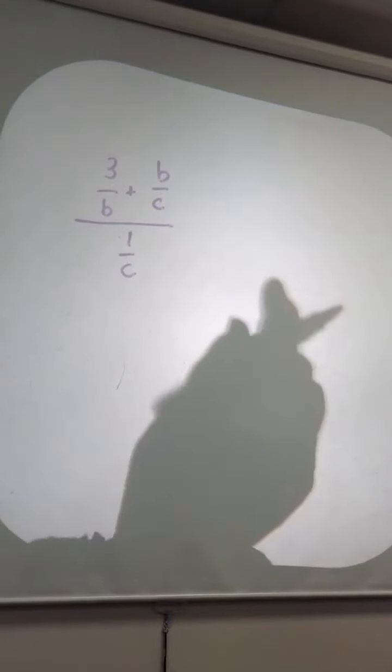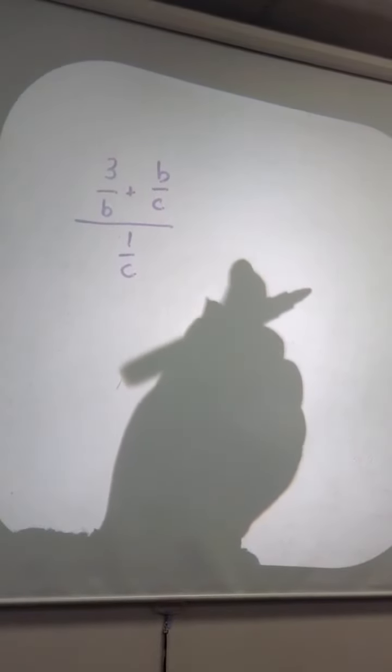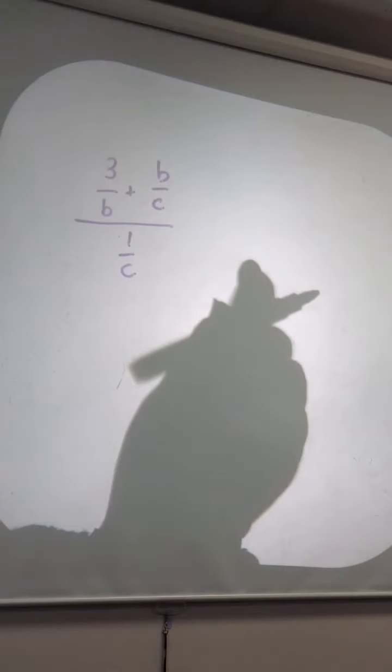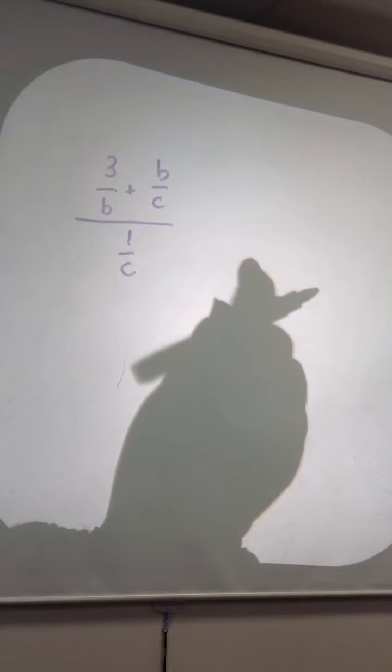All right, guys, this is a complex fraction. And in order to do this complex fraction, the first thing we have to remember is the difference between a factor and a term. What is a factor? Remember, I've put comments on some of your tests about this. What's a factor?